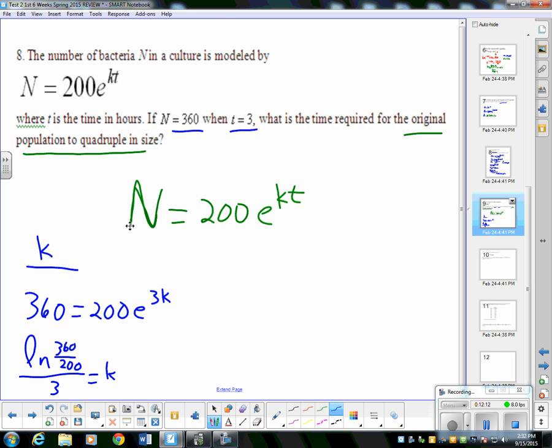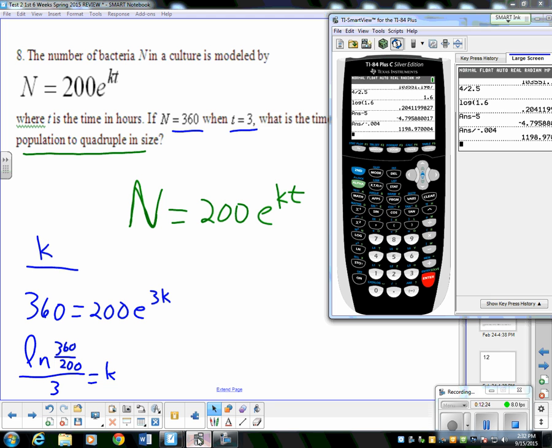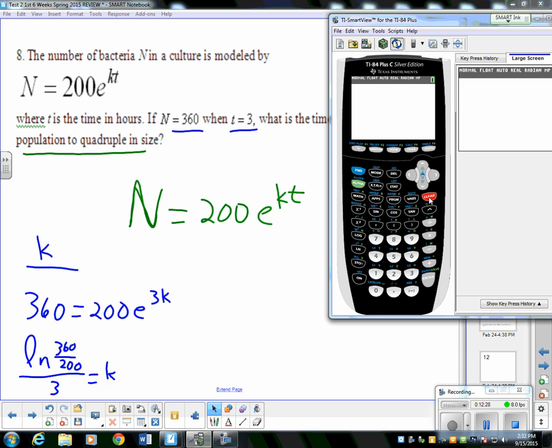So I need to find the natural log of 360 over 200 and divide that by 3. Now I'm just checking my math here. So we're good.